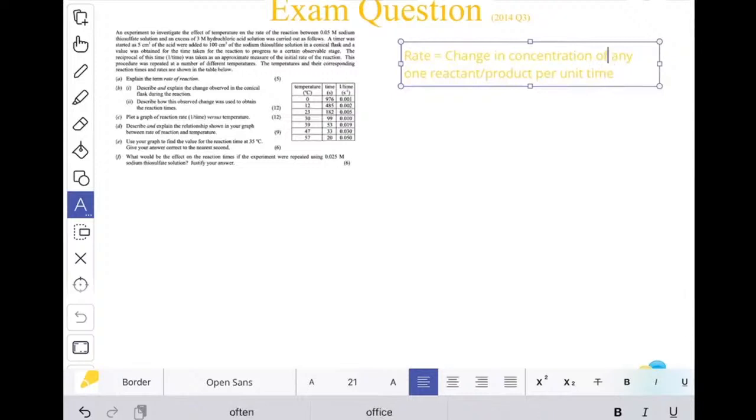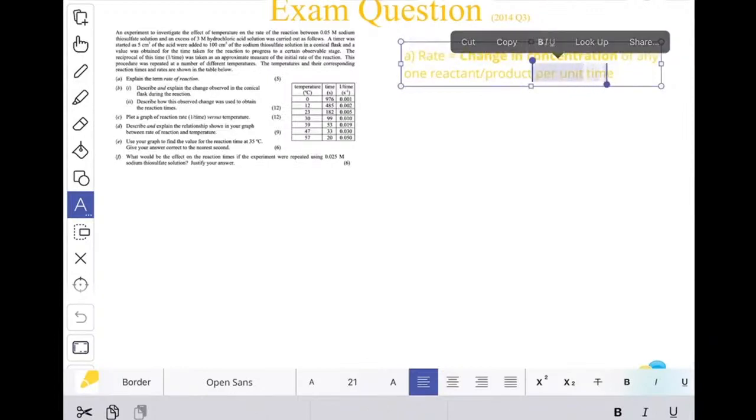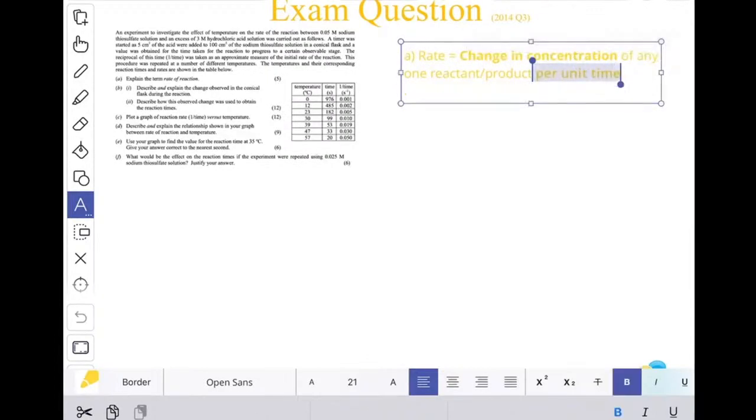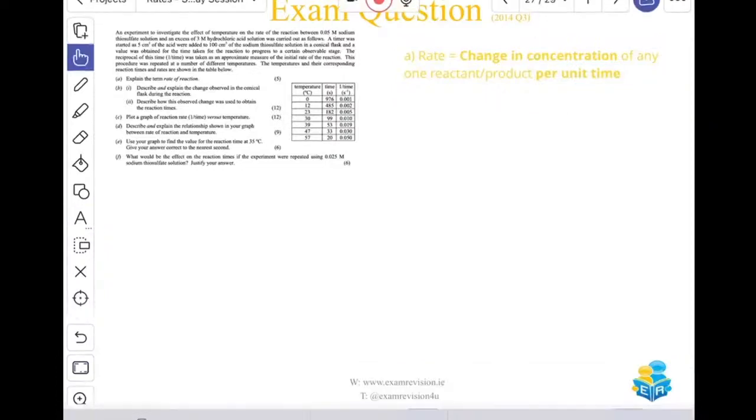Define the rate of reaction, and that is worth 5 marks. Now, the parts that you needed to have is you needed to have change in concentration, so change in concentration needed to be said, and you needed to also say per unit time. So those parts that are in bold there needed to be given fully in the exam, or you wouldn't get your complete marks.